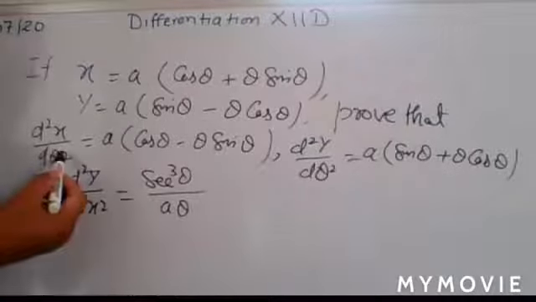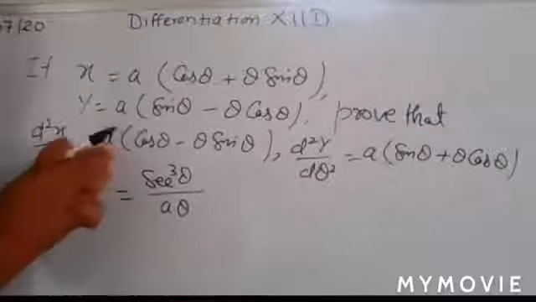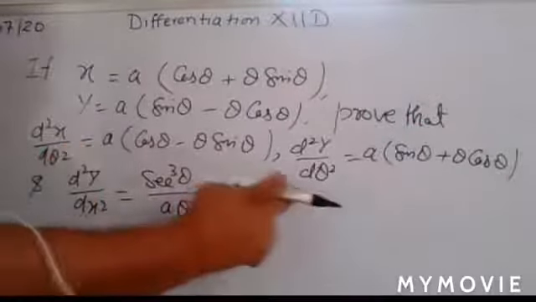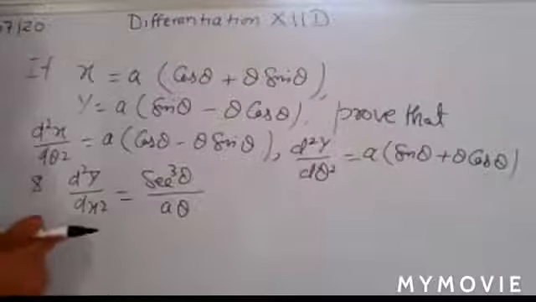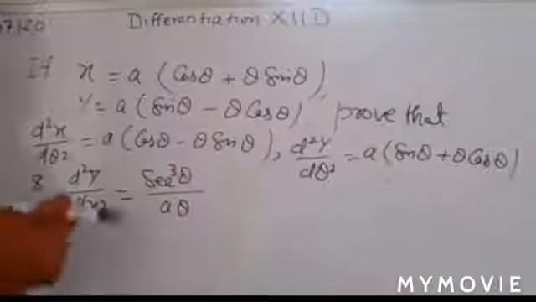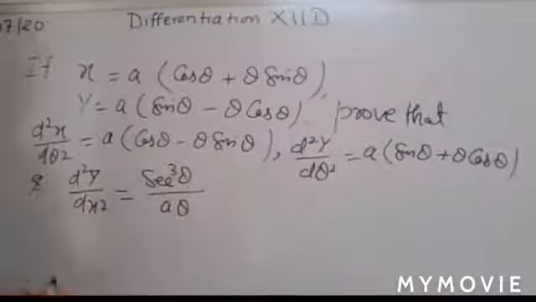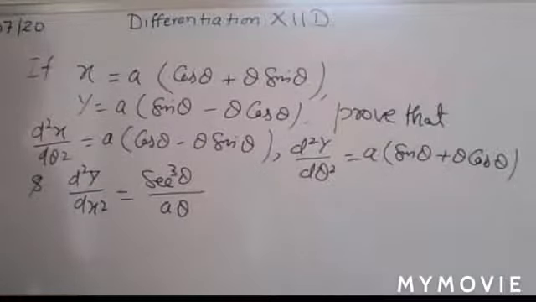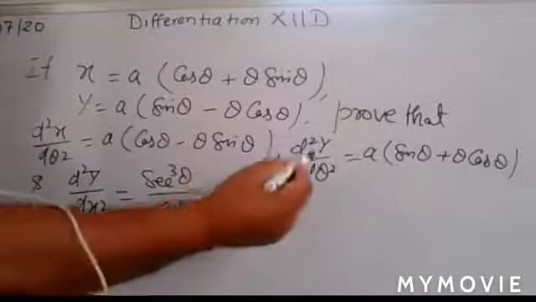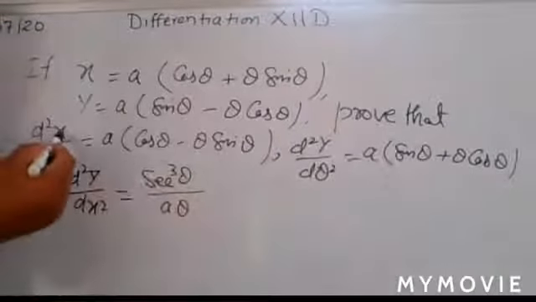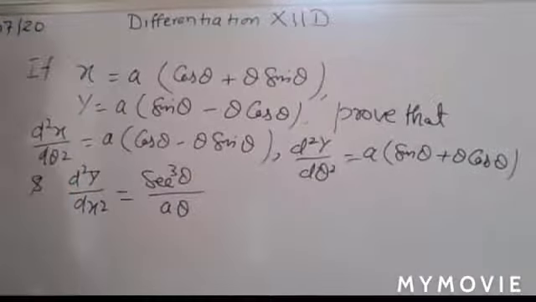In this way you have the proof of the first and second parts. But if you are proving the part for the second derivative d2y by dx2, please don't write it as d2y by d theta 2 upon d2x by d theta 2. You must not write that.